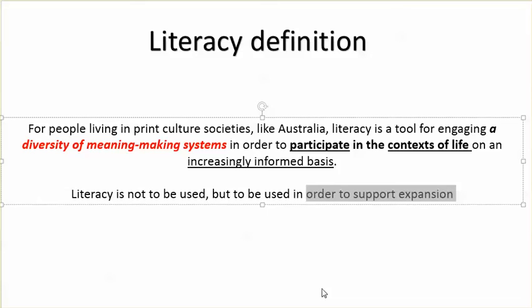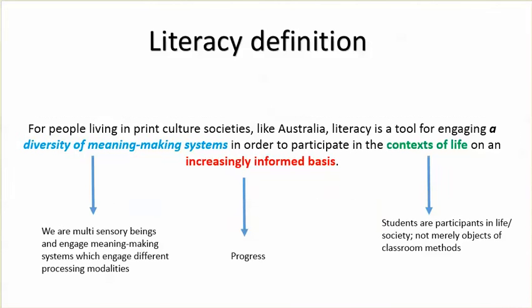We need to actually identify categories that support our expansion, and why friends are important. There are other ways in which we can use literacy contexts or literacy meaning making systems, contexts of engagement of literacy, whereby we support ourselves in our professional, emotional, social life. And you will see that it's not that simple.